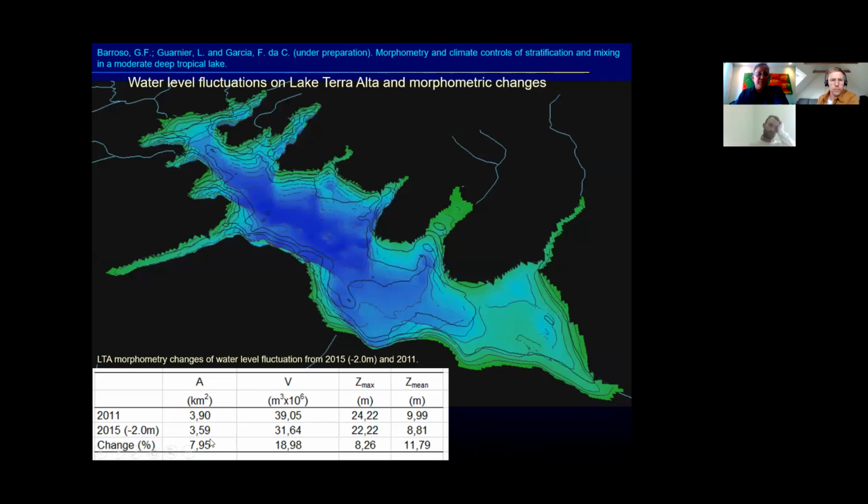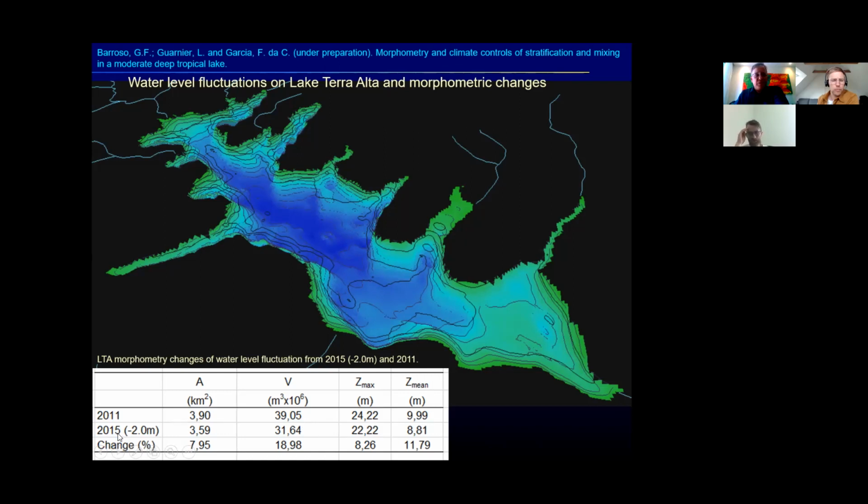So then we managed to measure the morphometric data of the lake, assuming 2011, when the hydrographic survey was carried out, as a standard year, with the lake area, volume, maximum depth, and mean depth.